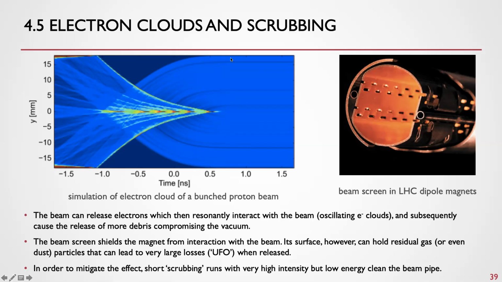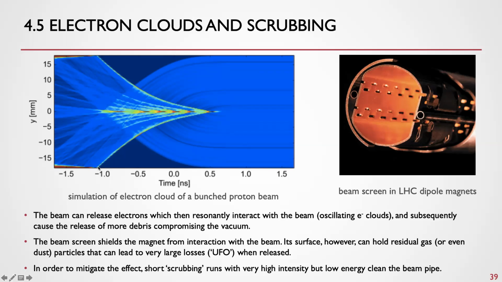So you see that the trajectories of the electrons are bent. Because they are negatively charged and the proton is positively charged, they are bent, they are accelerated, and they hit the wall, they hit the beam pipe, and their density there is increased.